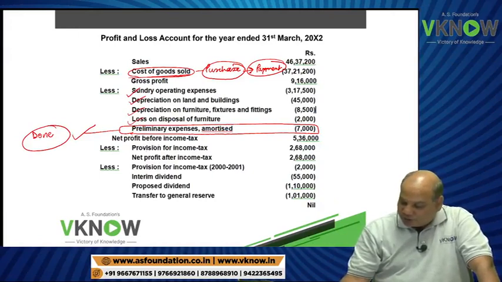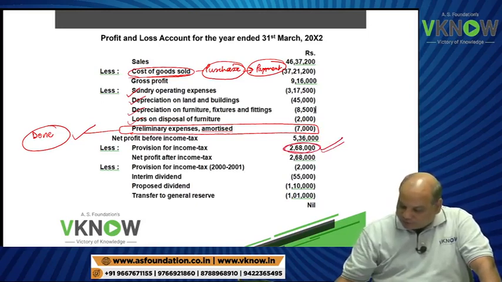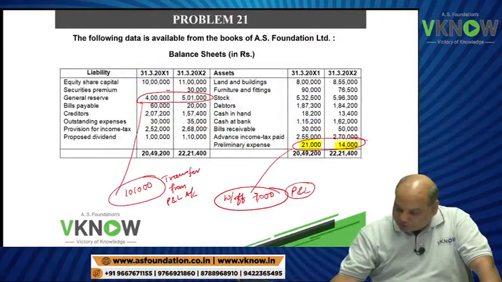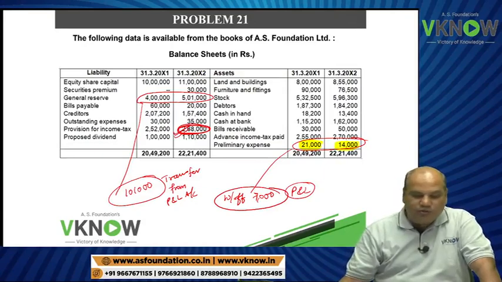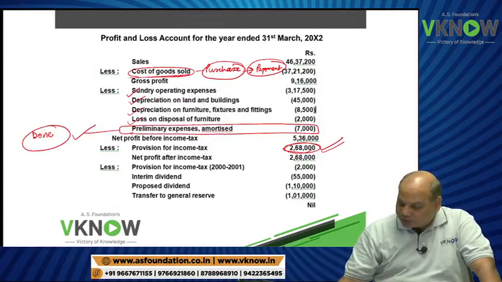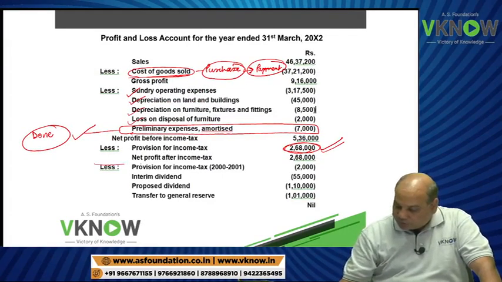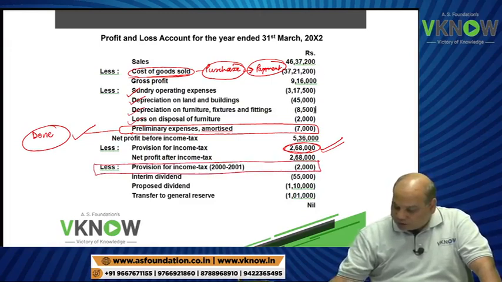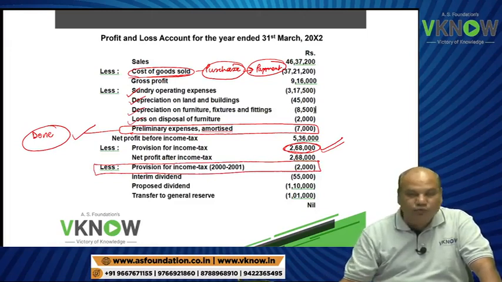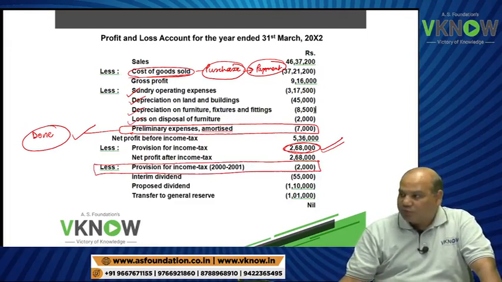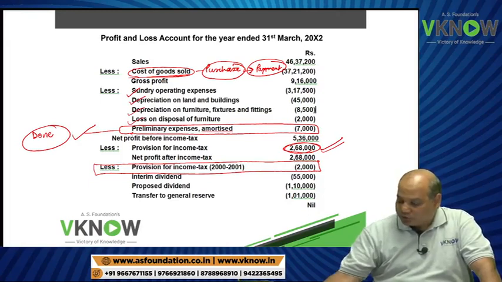Next is net profit before income tax. Provision for income tax 2,68,000, tick mark. And you also tick mark on the balance sheet this provision for income tax, second item. Same thing, 2,68,000 is appearing in P&L account also. Profit after tax. Then they are saying less provision for income tax, minus 2,000.